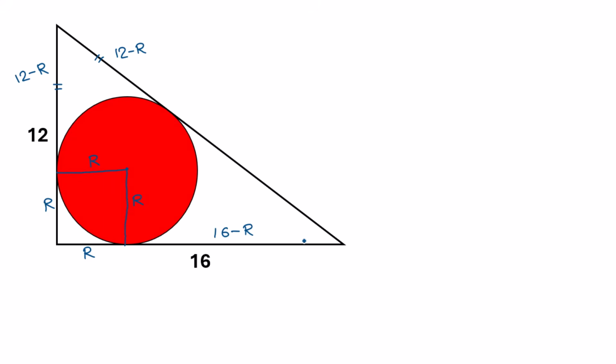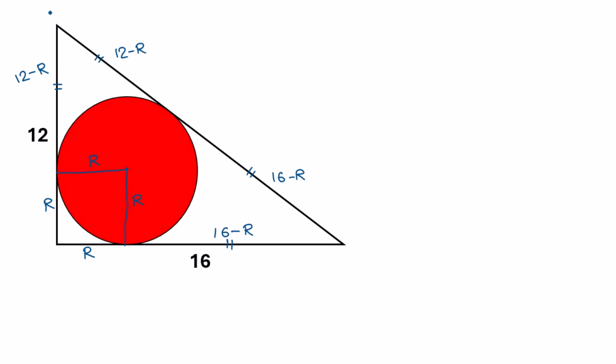Again, these two are tangents of this circle and both meet here, so this length is equal to this length. As this is 16 minus r unit, this will also be 16 minus r unit.